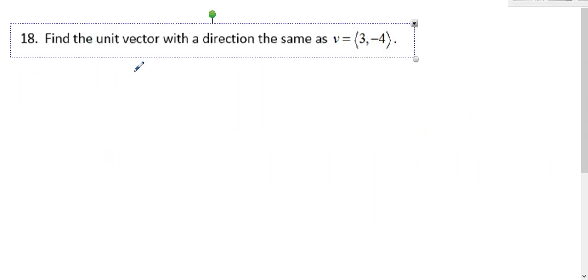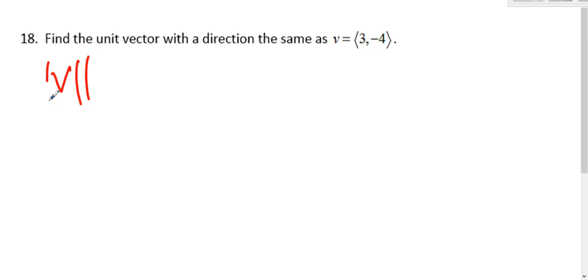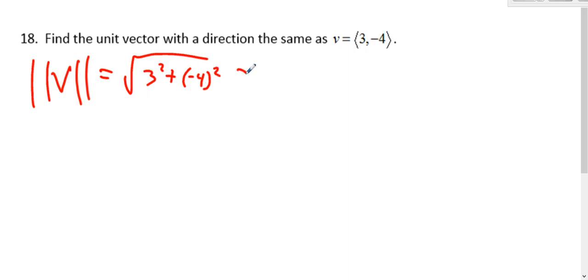Find a unit vector with this direction that's the same as 3, -4. So all that means is, since vectors have direction and magnitude, we just have to divide by the magnitude so it only has direction. So if this is 3, -4, that means the magnitude is the square root of 3 squared plus -4 squared. 9 and 16 is 25, so that's the square root of 25, which is 5.